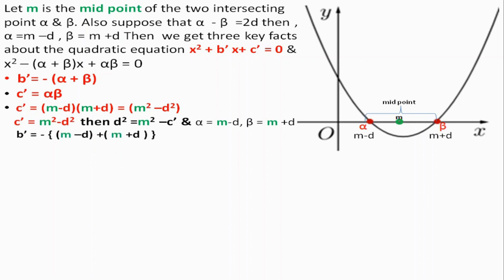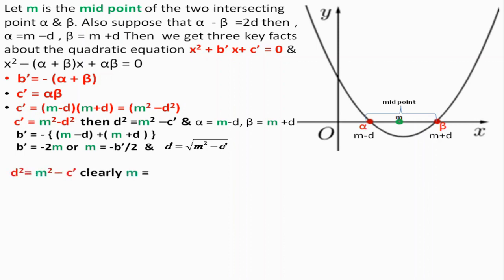So what about b dash? b dash is minus (alpha plus beta), which means b dash is equal to minus 2m, so m is equal to minus b dash by 2, and d is the square root of m square minus c dash. Clearly, m is the midpoint of two zeros or two roots, so m is (alpha plus beta) by 2.